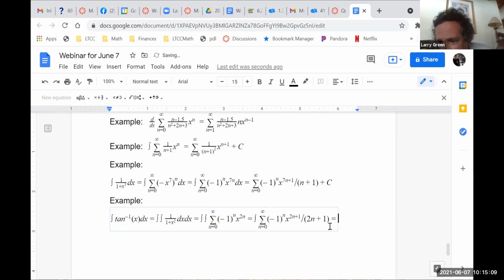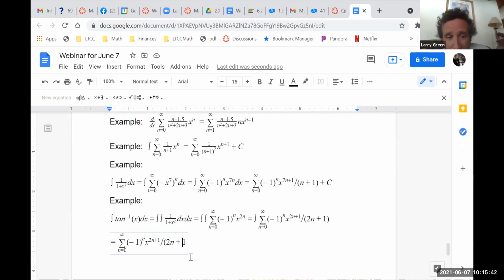Then we say that's equal to, and now we just integrate again. And remember, the n stuff is just constants. Now we integrate again.